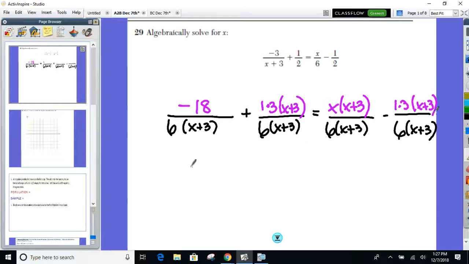So I have negative 18 plus, keep rolling with me, 3x plus 9 equals x squared plus 3x. I'm waiting.